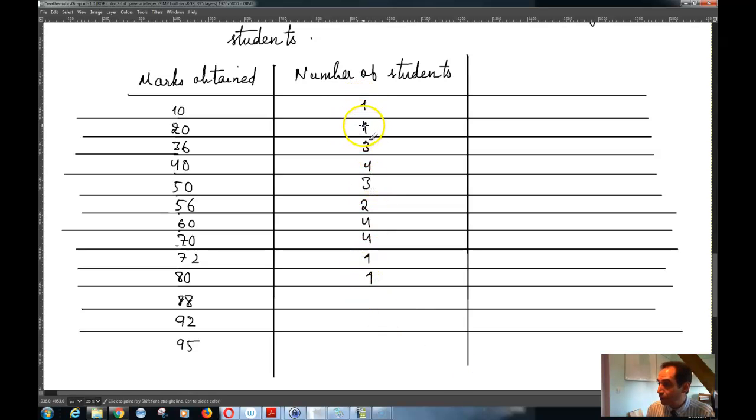This is much more realistic. And the number of students who got those marks were 1, 1, 3, 4, 3, 2, 4, 4, 1, 1, 3, 1.